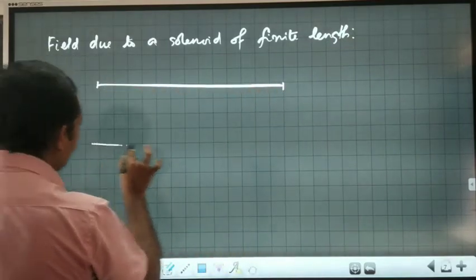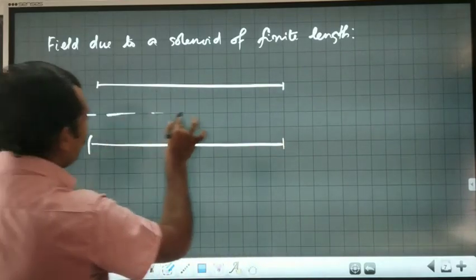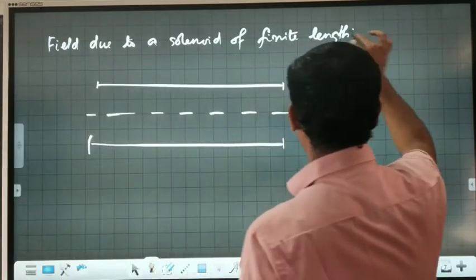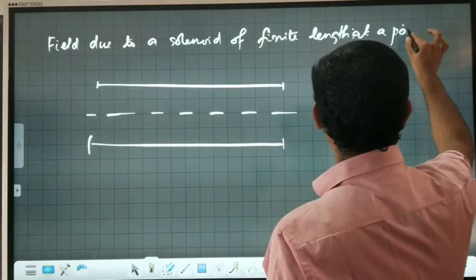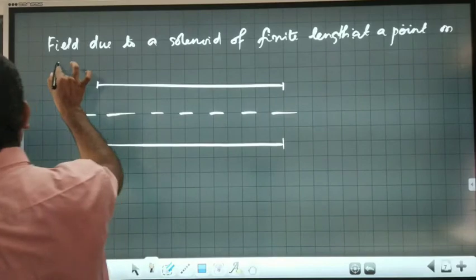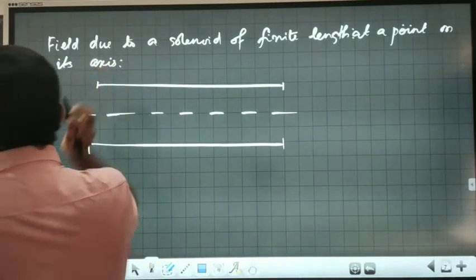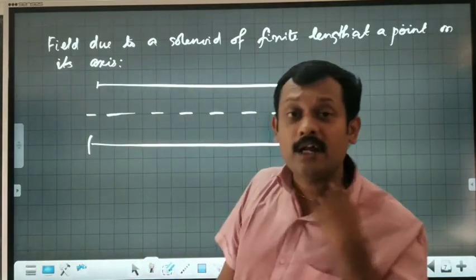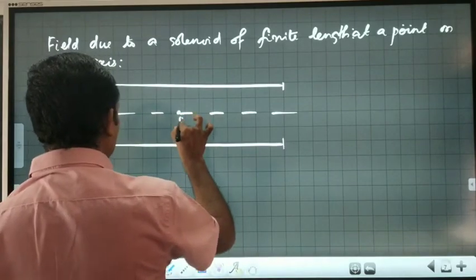Now I want to find out the field due to a solenoid of finite length at a point on its axis. So I am taking this point P here.